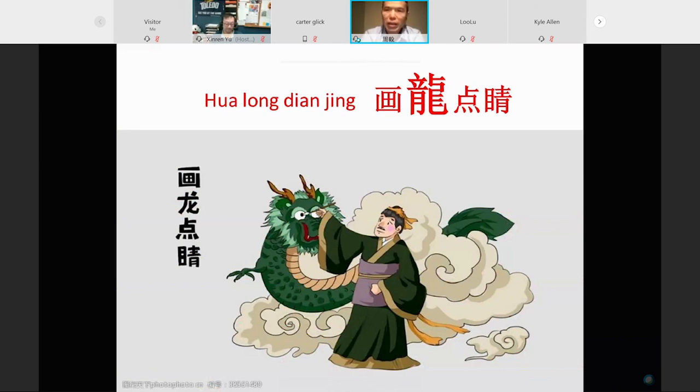So they asked him to draw the eyes for the dragons. After he drew eyes for two dragons, all of a sudden, guys, thunder and lightning broke the wall, and the two dragons with eyes flew away, while the other two dragons without eyes are still on the wall.